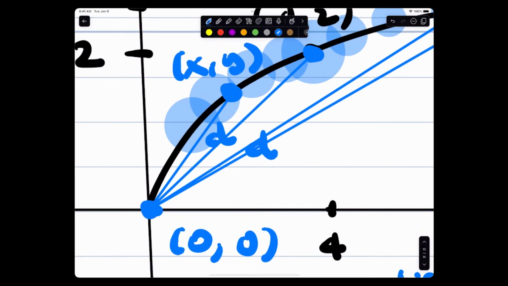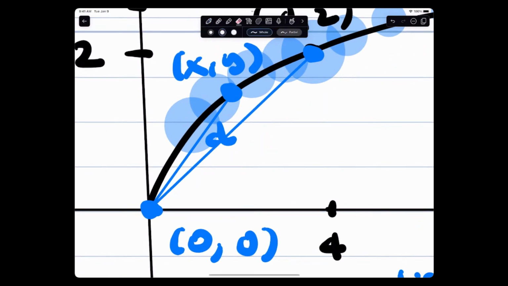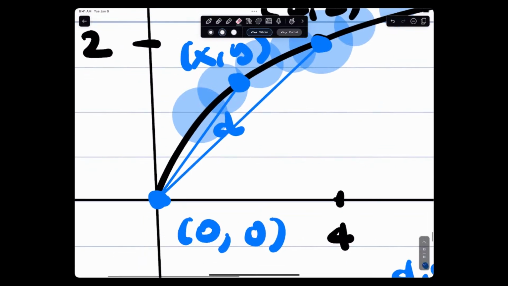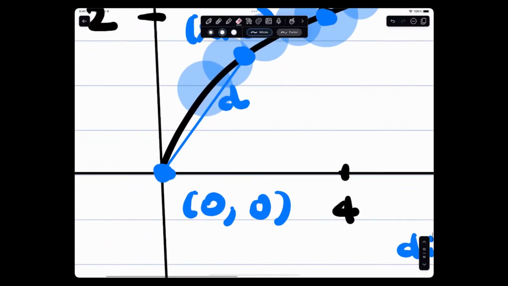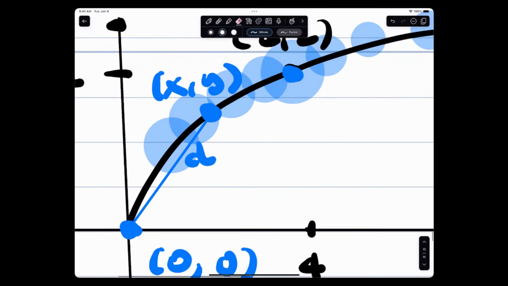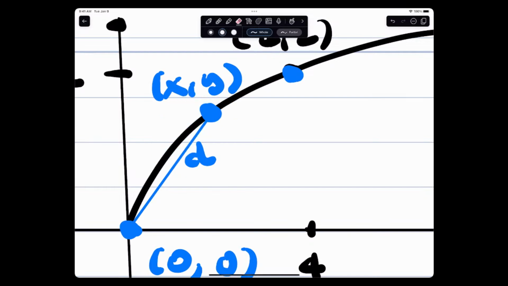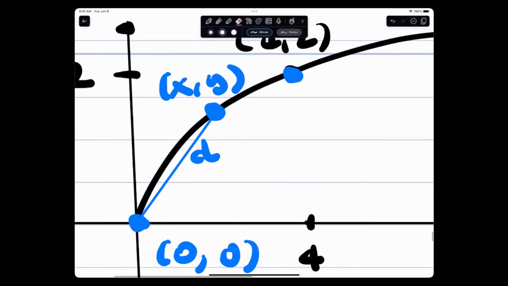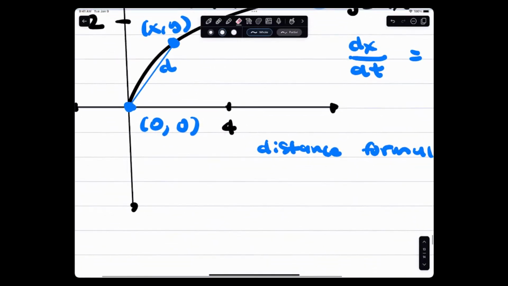This xy coordinate. I'm going to erase everything here so you guys don't get confused. Okay? We're looking at that D, that distance from the origin to some arbitrary point on the curve. You're going to use the distance formula. Do you guys remember what the distance formula was from geometry?